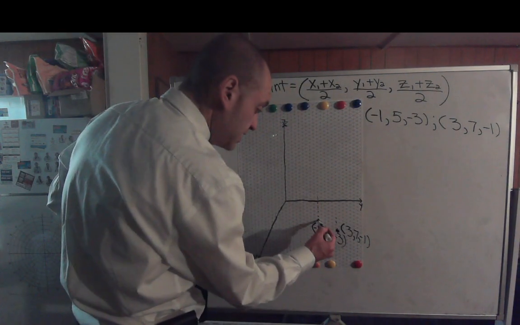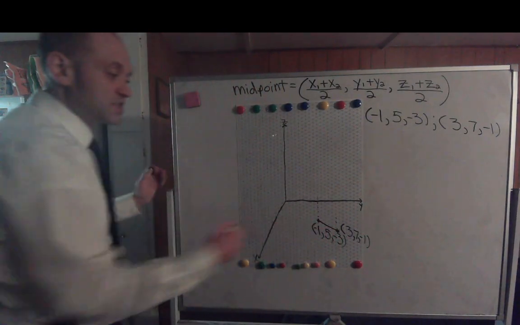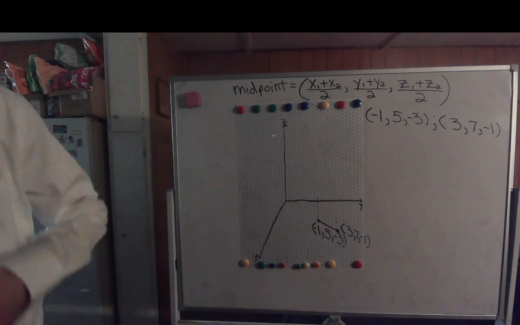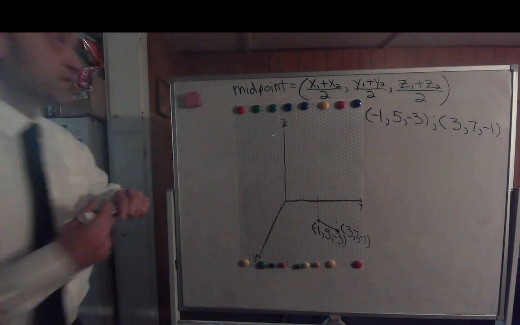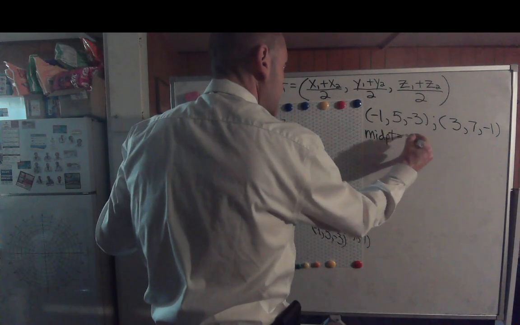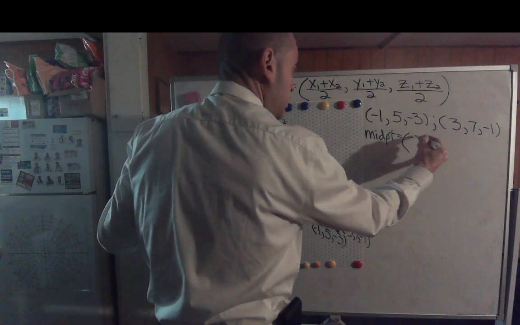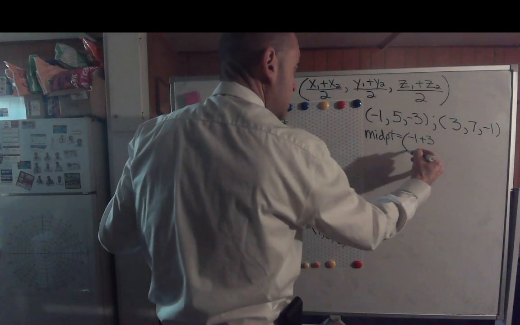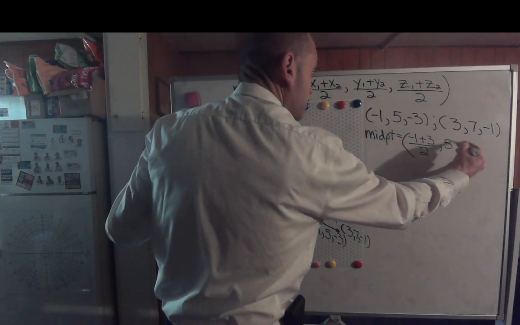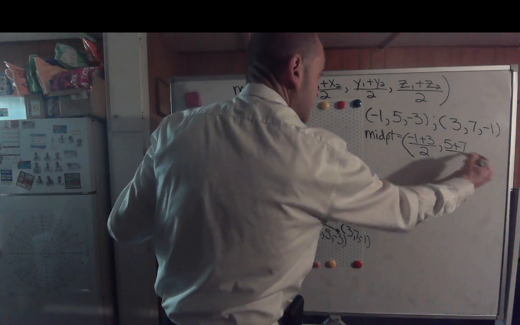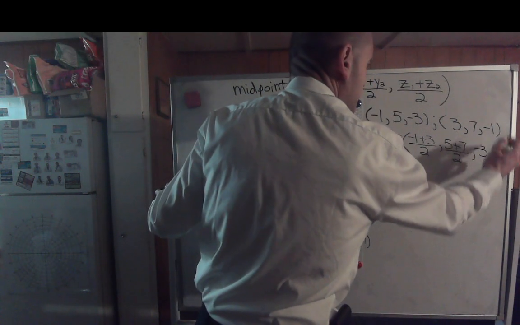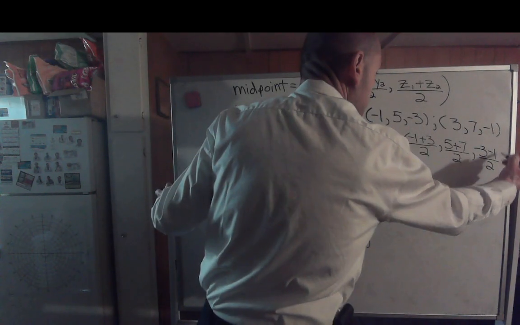So what we want to find is the midpoint of these two ordered triples, or the line segment that joins them. That's another way to think of it. So let's go ahead and find the midpoint. Midpoint is going to equal, take your x1 of -1 plus your x2 of 3, divide that by 2, take your y1 of 5 plus your y2 of 7, divide that by 2, then take your z1 of -3 plus your z2 of -1, divide that by 2.